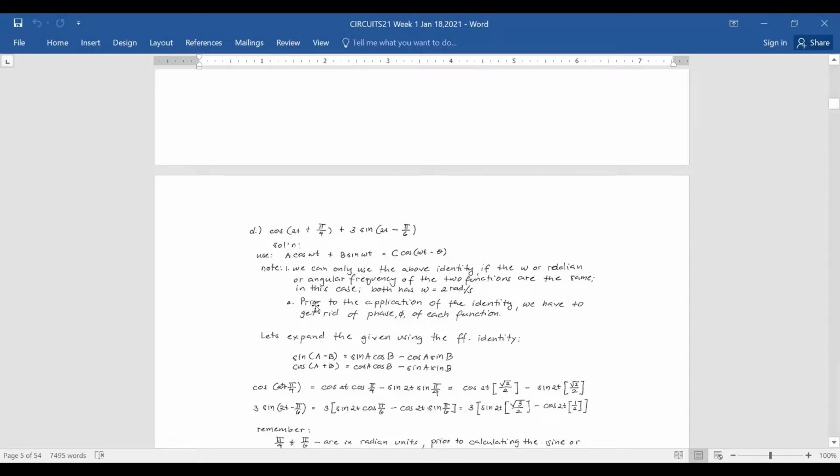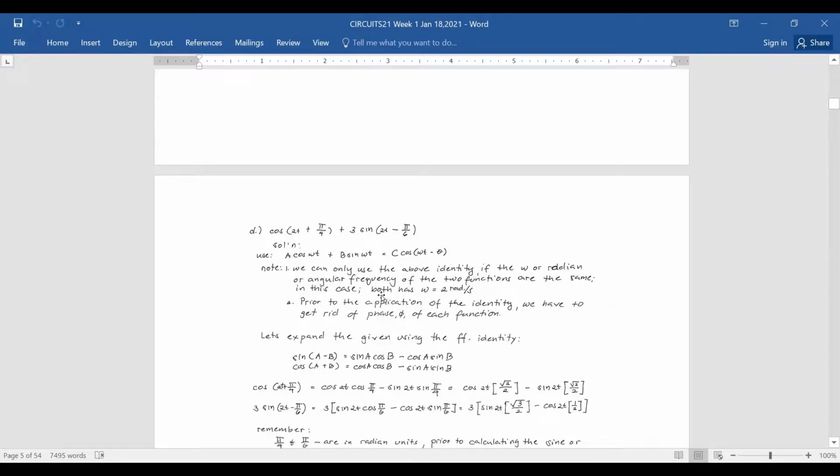And number two, prior to the application of the identity, we have to get rid of the phase phi of each function. Okay? So we will get the phi first. How do we get phi?